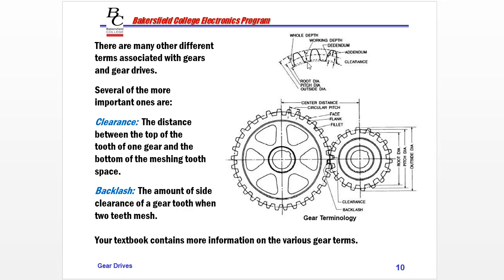So we actually have to have this clearance so the teeth will mesh and not bind. There's only so much space here. These shafts are not meant to bend outward. And if these teeth didn't have the clearance in here, then we would put stress in this direction on this shaft and in this direction on that shaft. It'd want to push them apart. So that's what clearance is.